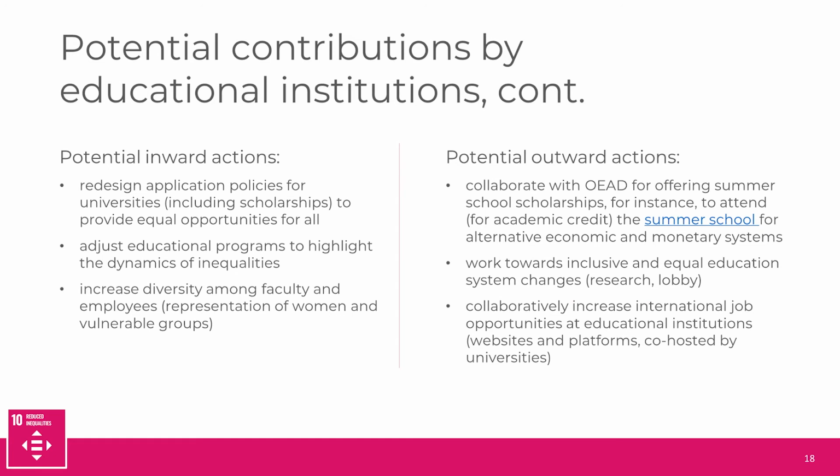A concrete inward action could be to redesign the application policies for universities to provide equal opportunities, and an outward action could be, for instance, to collaborate with an organization called OEAD that offers a summer school, actually a 3-week summer school, for thinking about alternative economic and monetary systems.